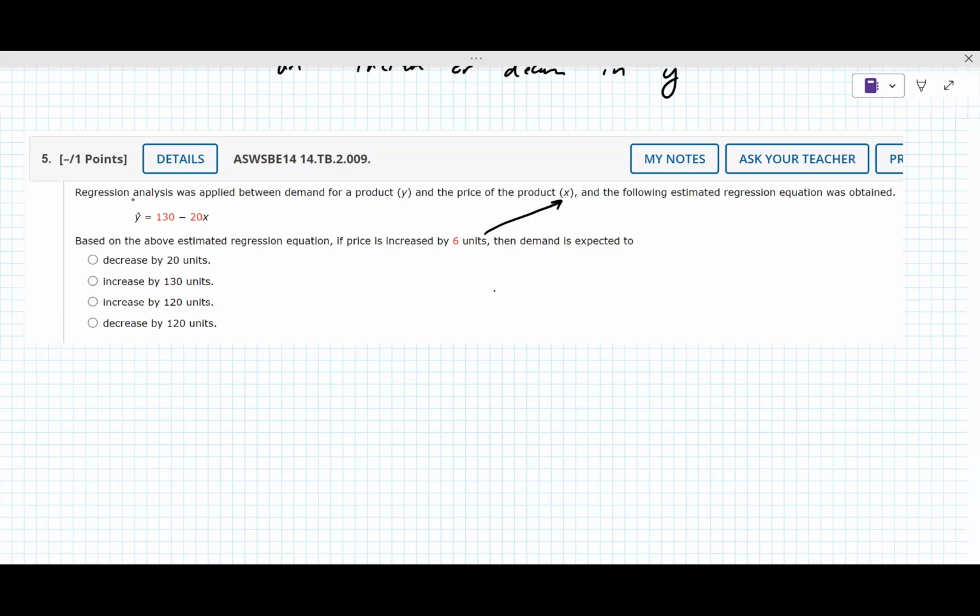Well, you can see that it's minus 20 times 6, which is minus 120. The negative means decrease. They never say increase by negative 120. It's always decrease by whatever this amount is, or if it's positive, they just say increase by this amount. So the correct answer here is D, decrease by 120.